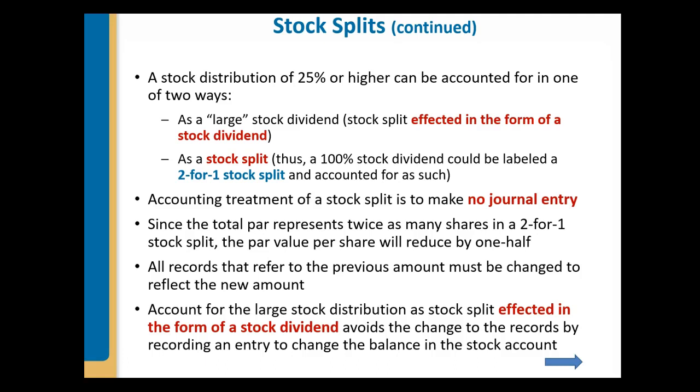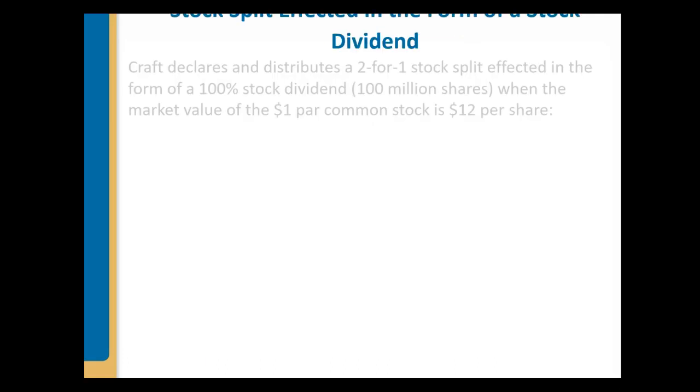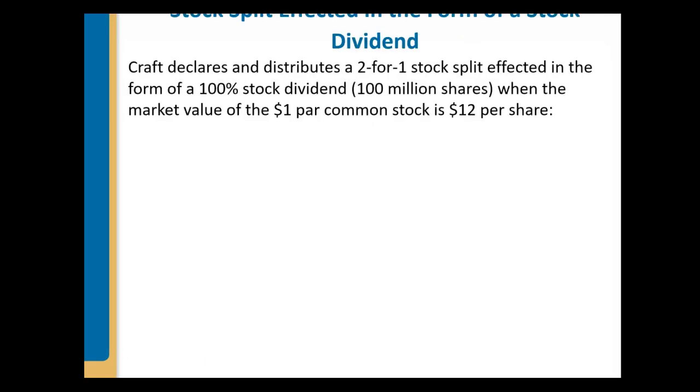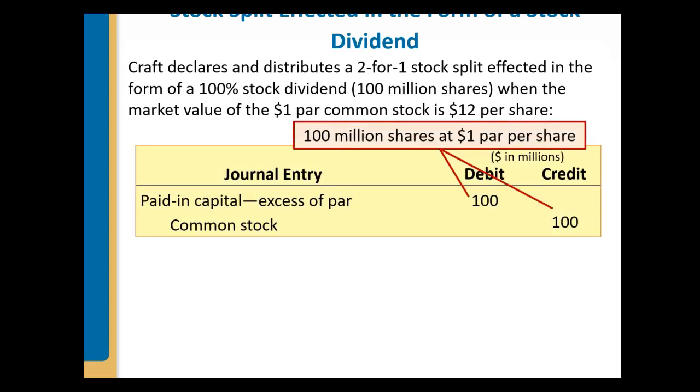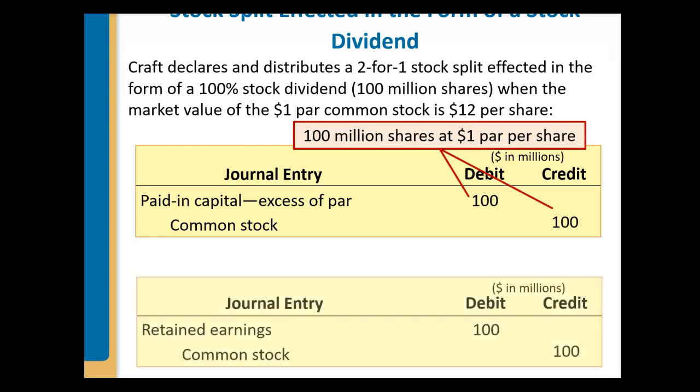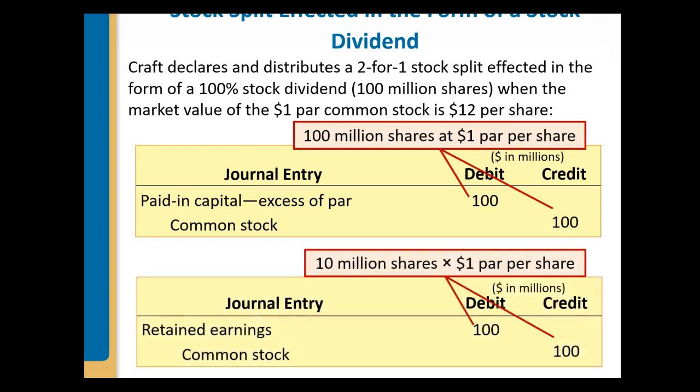The practical solution is to account for the large stock distribution as a stock dividend rather than a stock split. So to avoid changing the per share par value of the shares, the stock distribution is referred to as a stock split effected in the form of a stock dividend, or simply, a stock dividend.